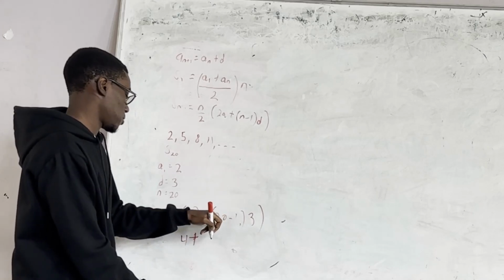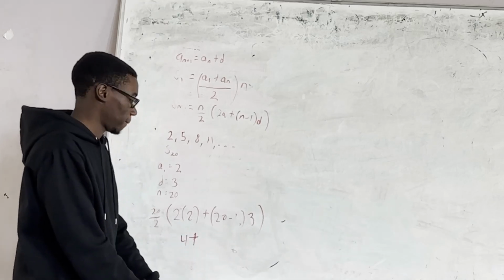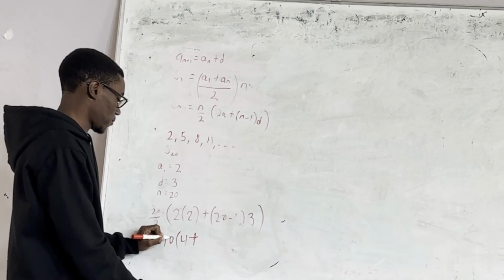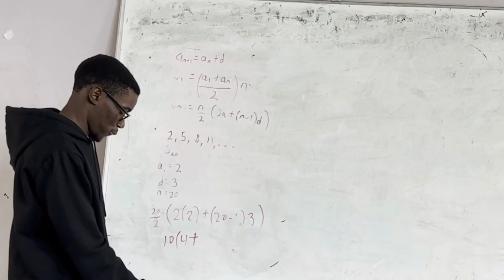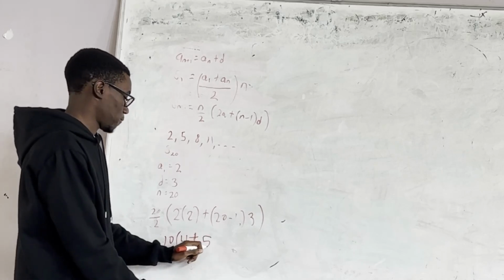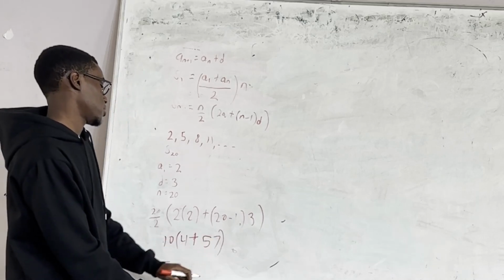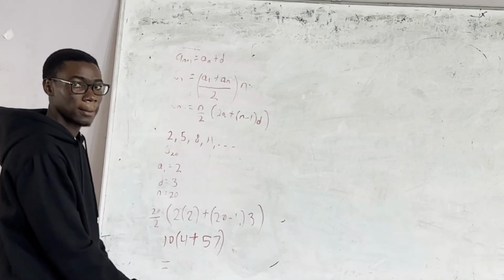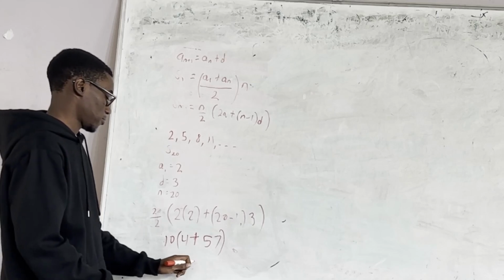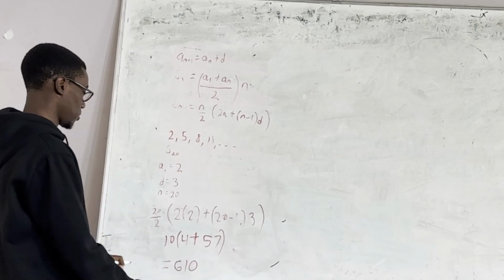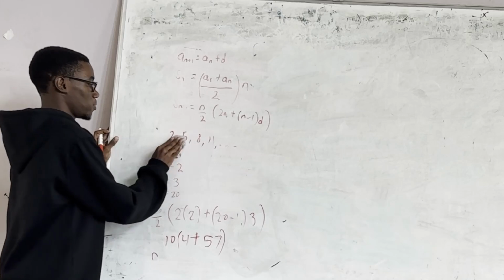That's 19 times 3, which is 57, plus 4 is 61, times 10. That's 610. So this is the sum of those 20 terms of the series generated from this sequence.